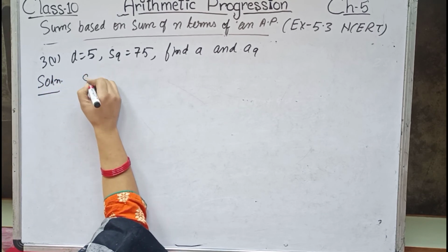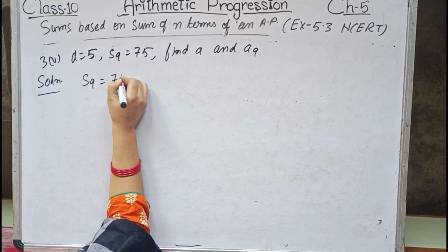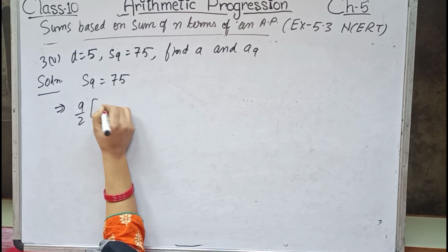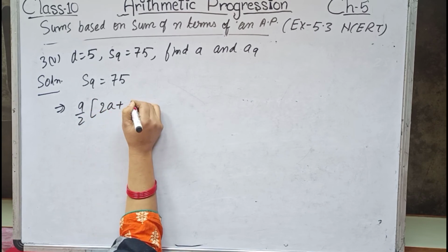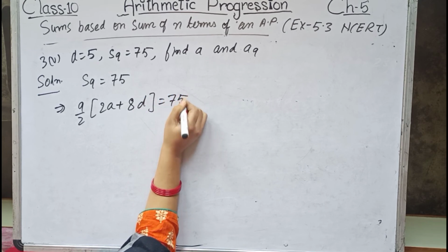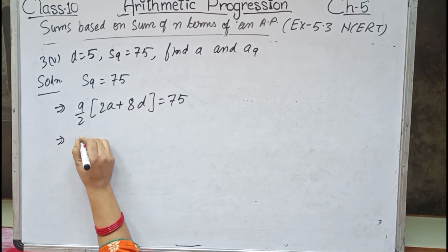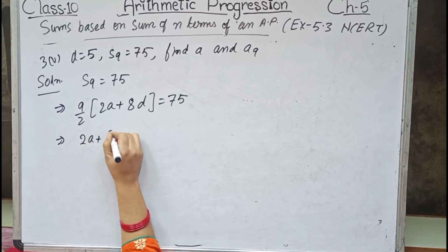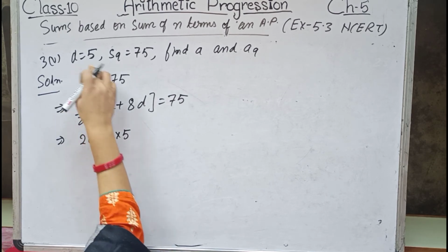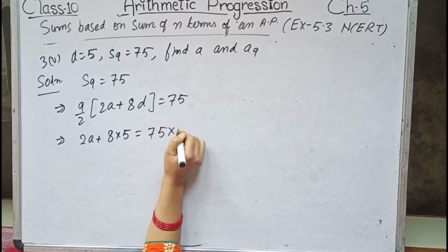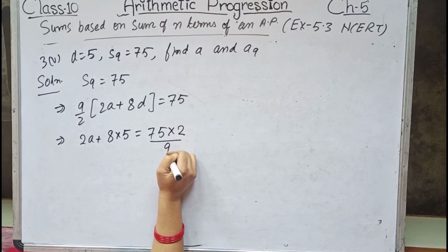S9 equals 75 implies n by 2, 2a plus 8d equals 75. This implies 2a plus 8 into 5 equals 75 into 2 by 9.